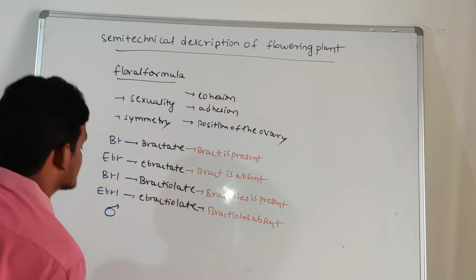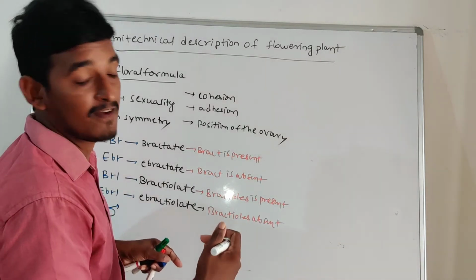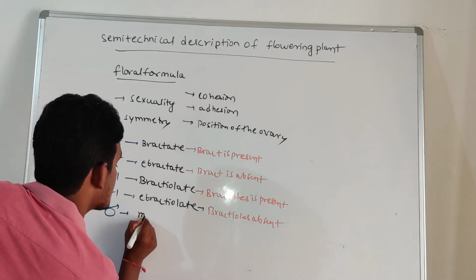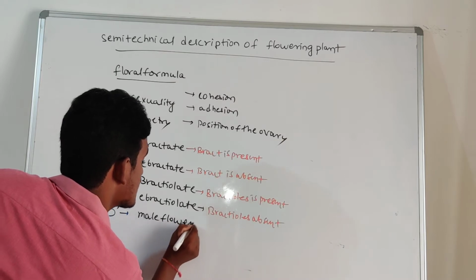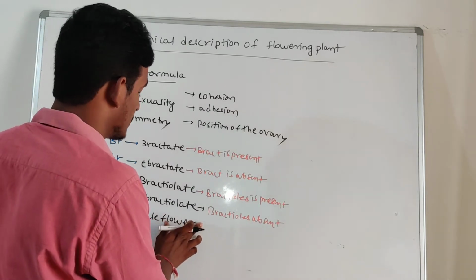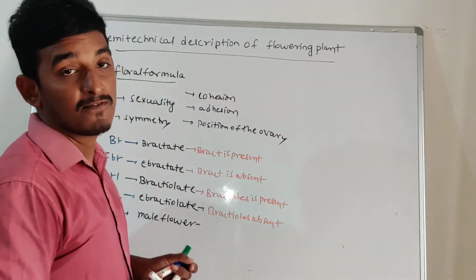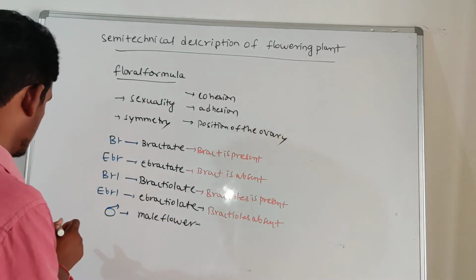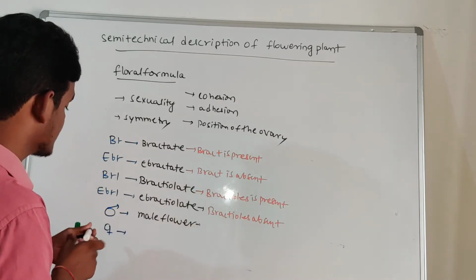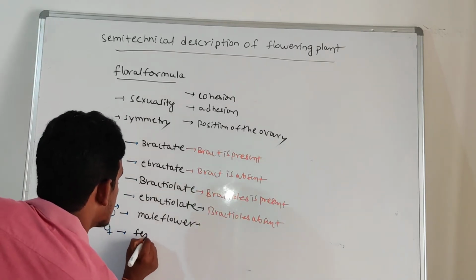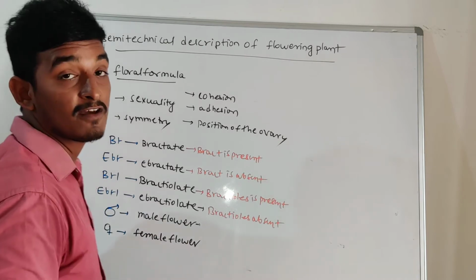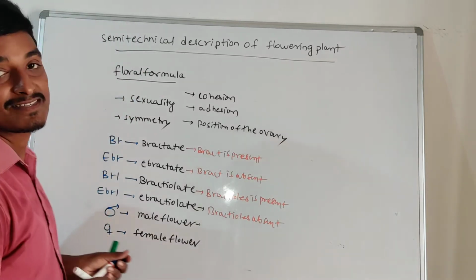This symbol indicates a male flower, which is also called a staminate flower, or a unisexual flower. This symbol represents a female flower, or pistillate flower, or unisexual flower.